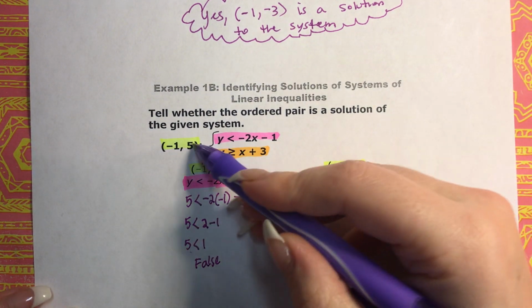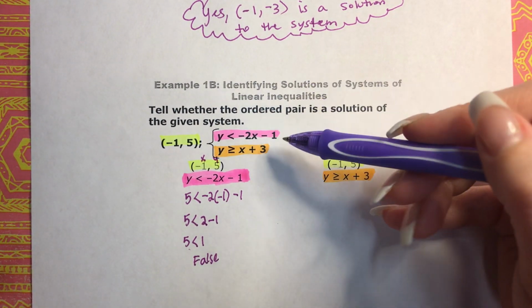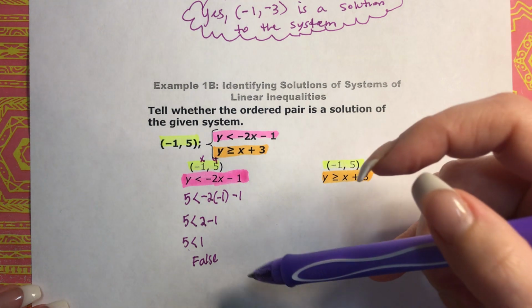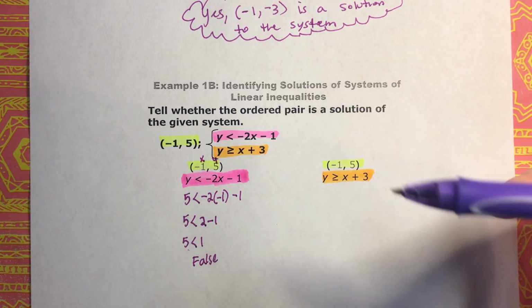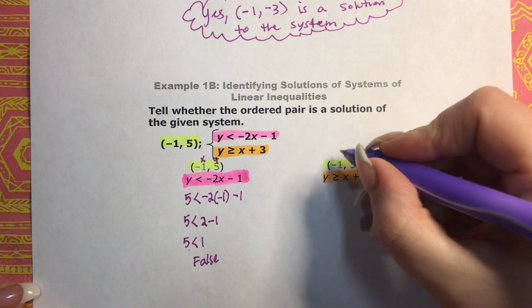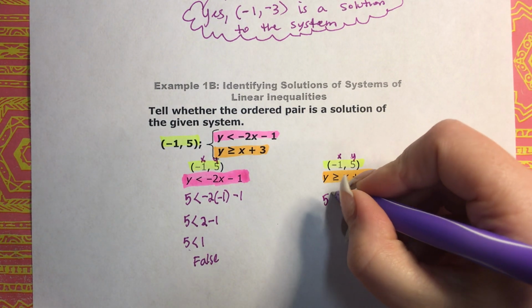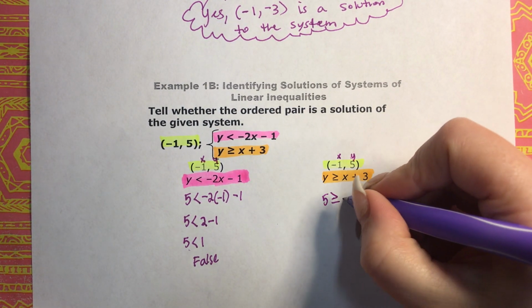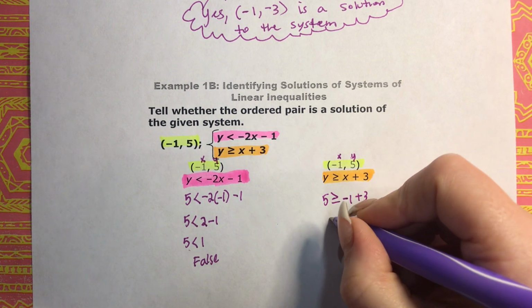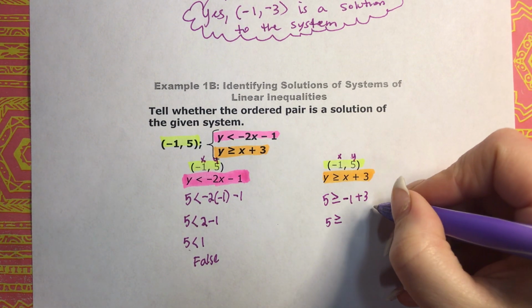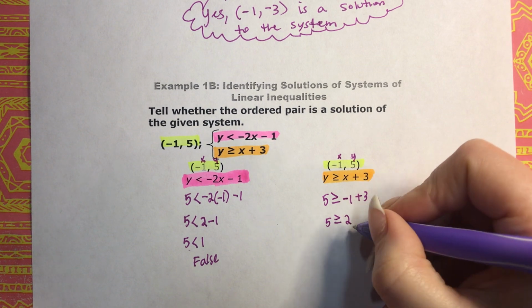So really at this point, we know that this is not a solution to the system because it would have to be true for both and it's already false, but I'm going to go ahead and finish it over here. And so this would be 5 and that would be negative 1 plus 3. Simplify would be 2. 5 is greater than or equal to 2.